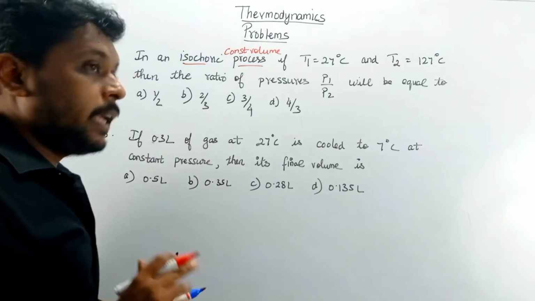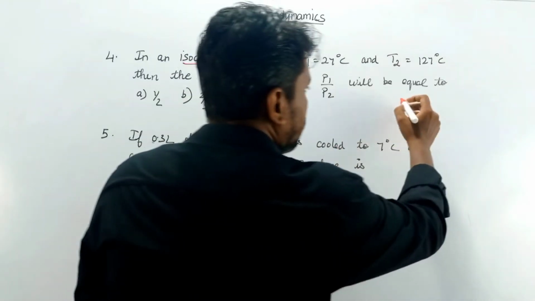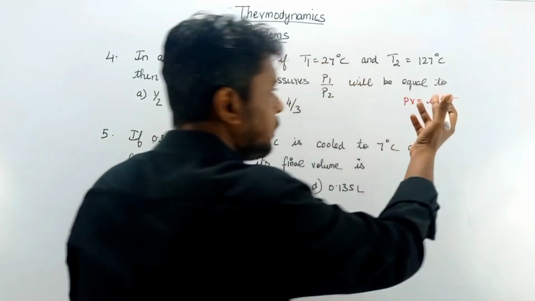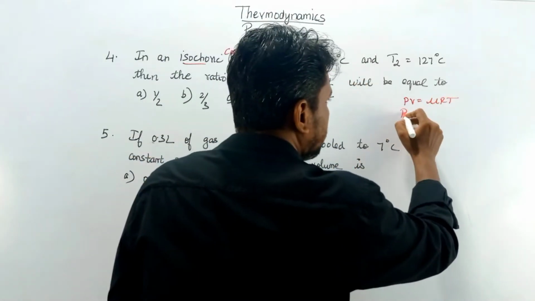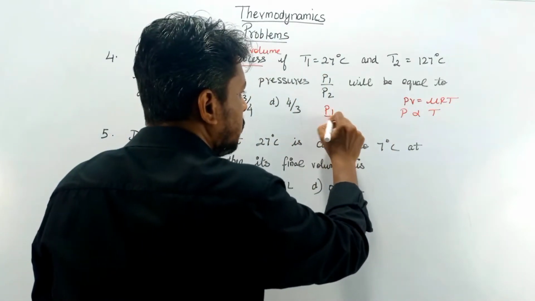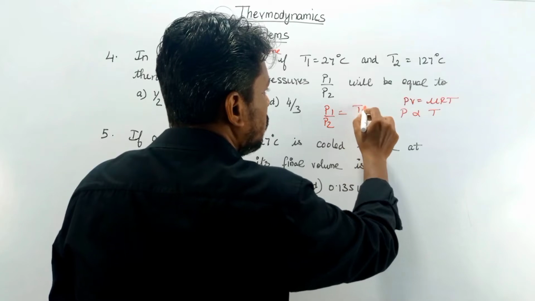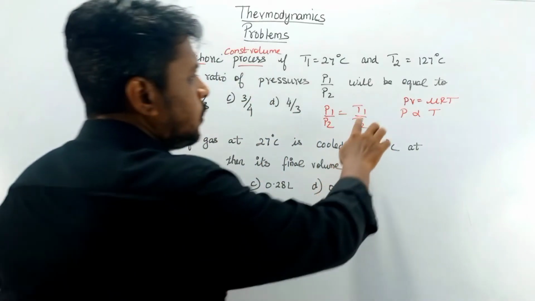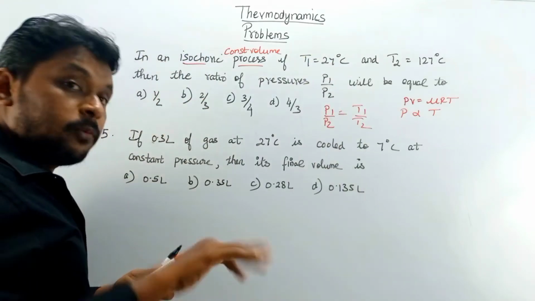What is the ratio? In case of a constant volume process, from the ideal gas equation PV is equal to mu RT, when volume becomes constant, pressure is directly proportional to temperature. So P1 by P2 will be equal to T1 by T2. T1 is given as 27 degrees Celsius, convert it to Kelvin.